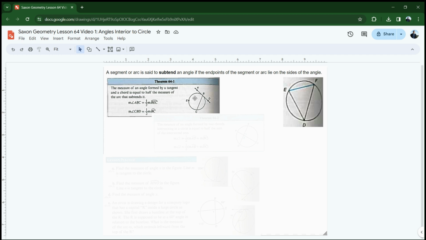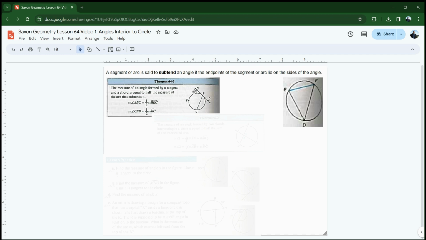Now, what can we do with this? Well, if we figure out the measure of the arc that subtends angle ABC, that would be this arc here.